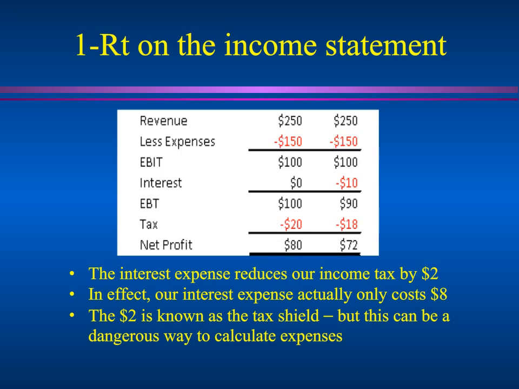You would think intuitively it might be $70, if we still had the same $20 income tax as in the left column. But we have $18, so we've paid less tax. We have a tax shield of $2, but remember, we already spent $10 more than we did in the left column, so it's kind of a false gain.